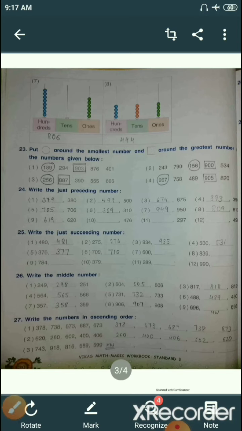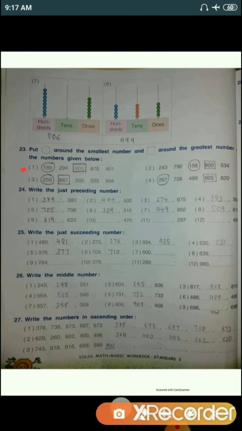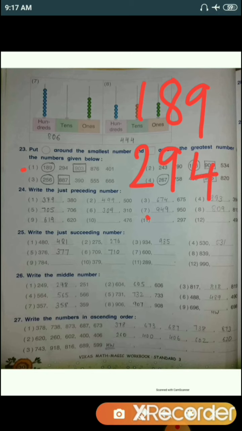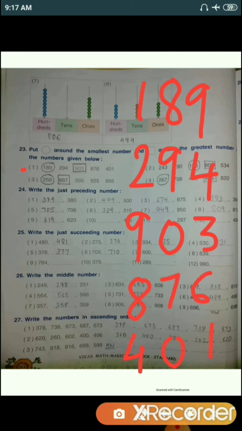Question number 1. The numbers are 189, 294, 903, 876 and 401.